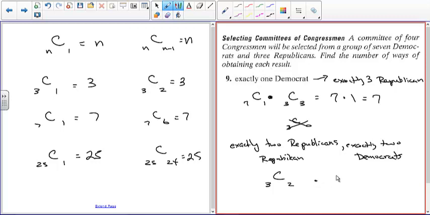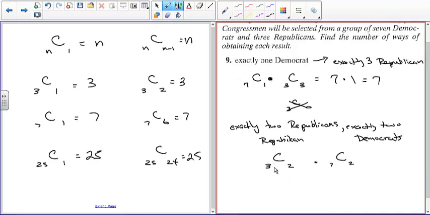And then you multiply by the second one. Well, I have 2 people on my committee, and I have 7 to choose from. So that would be the equation that you'd use. This is 3 because this number here is 1 less than that, so that allows me to use one of this rule here.